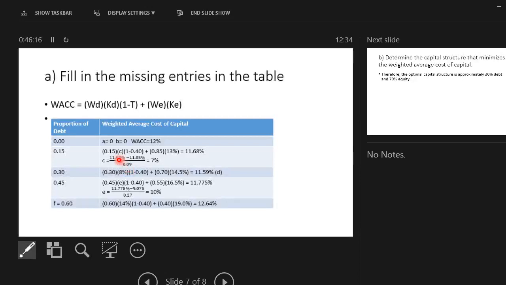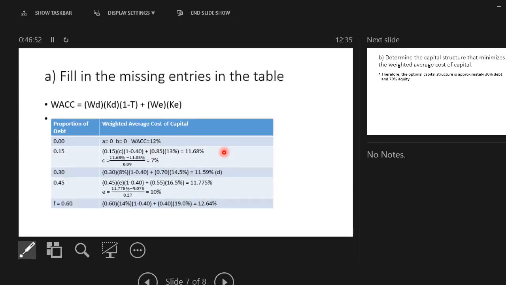And here we have 11.05. So now I'm going to make C the subject of the formula. This is what I will do. I will take this 11.68%, which is what I've put here. Minus, because here remember it's a plus, we are going to make it jump the border.